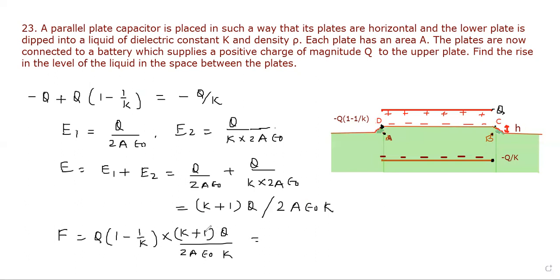So K minus 1 times K plus 1 will become K square minus 1. So this will become Q square times K square minus 1 divided by 2A epsilon naught K. So this K will make it K square.